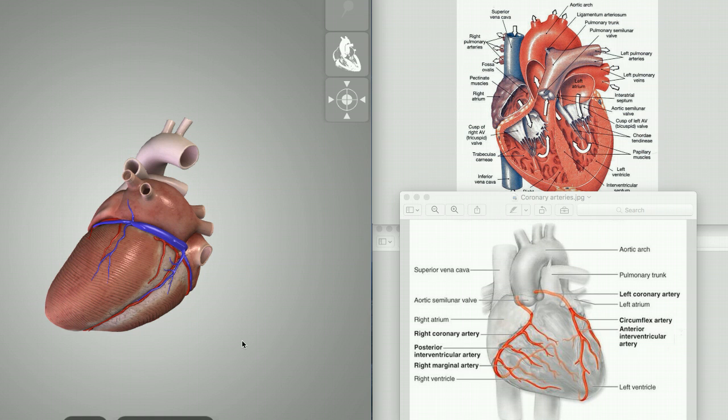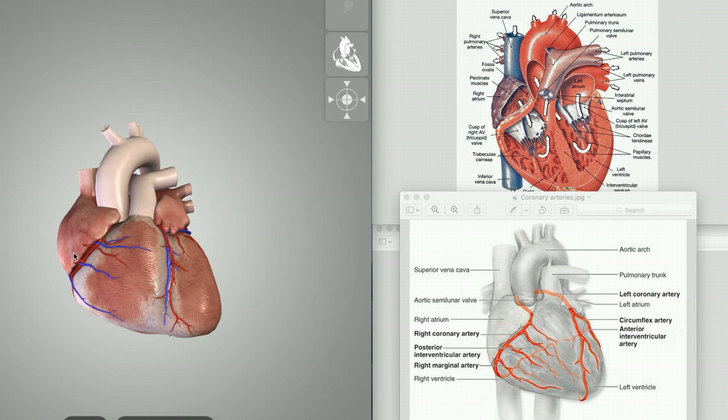It supplies the ventricles, the left ventricle and the back of the right ventricle. So you get a fair idea of what the heart looks like.